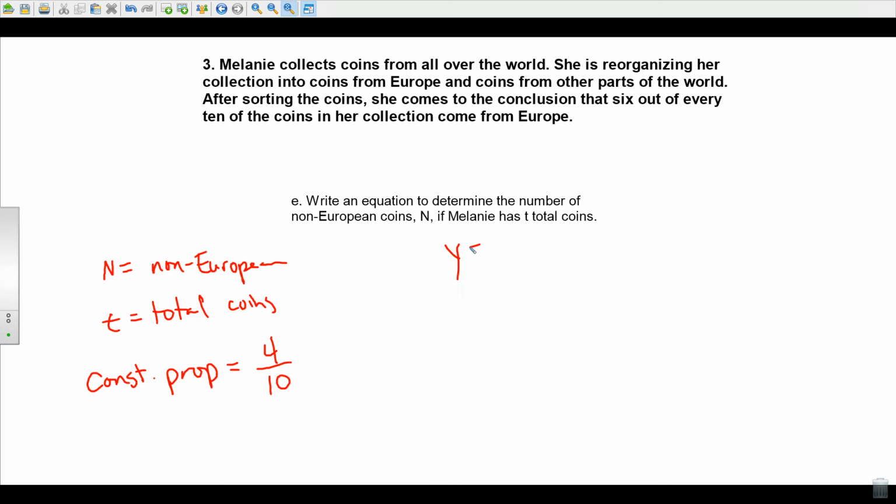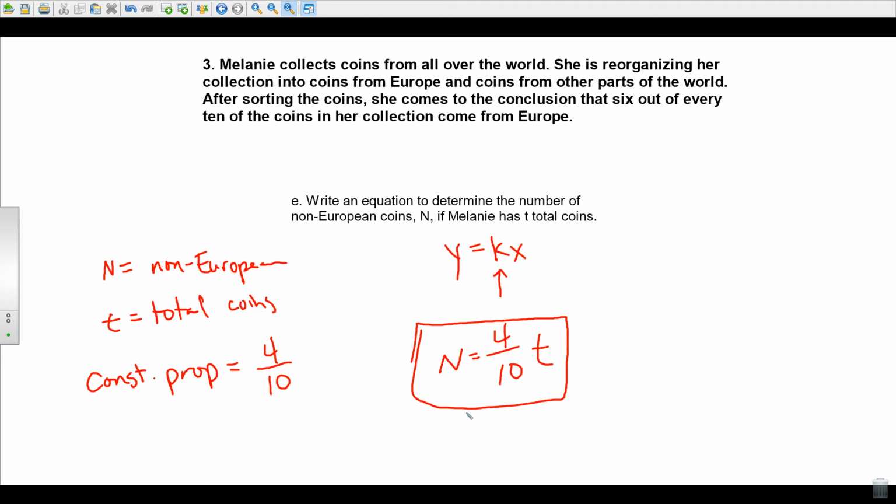We know our equation is going to look like this, where this is the 4/10. And again, non-European depends on the total. So non-European is the dependent variable like y. So N is going to go here. T is the independent like x. So T is going to go here, and my equation would be N equals 4/10 T.